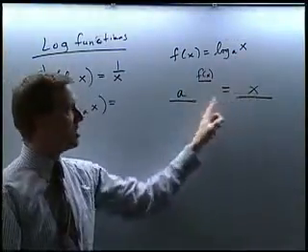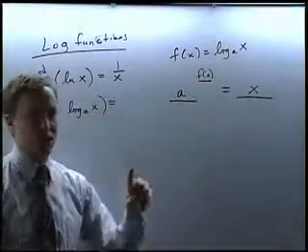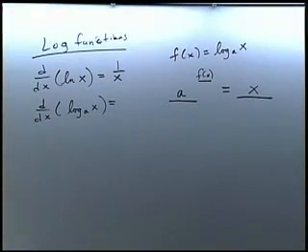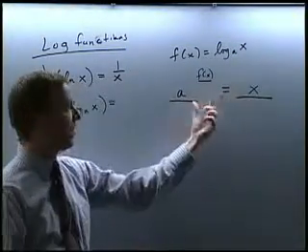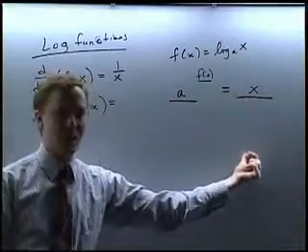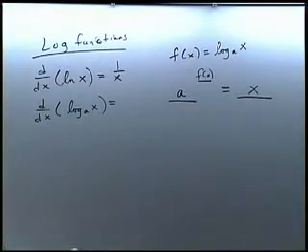Okay? So here's our definition, a to the f of x equals x. And all I did was rewrite this in a different form. Okay? Kind of like we can do with fractions. We can sometimes rewrite them in a little different variation. Okay? Now what I want to do is come back over and use this definition of exponential derivatives. Since the left side is equal to the right side, if I was to take the derivative of both sides, those should also be equal to each other.